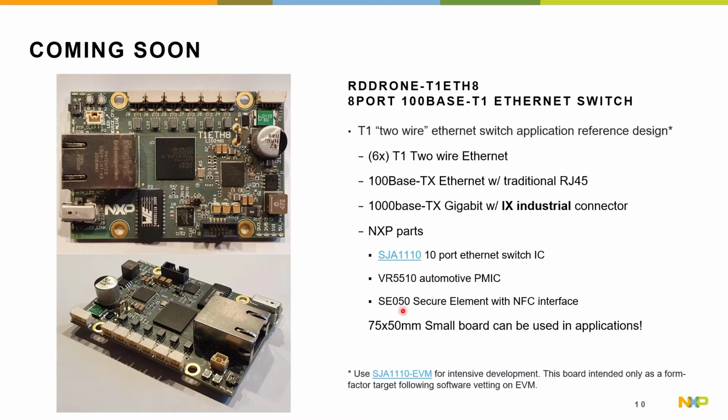And there is also a secure element on board with an NFC interface, so that could be used for programming, authentication or connecting or allowing certain network activities to take place. And it's in a very small board form factor.